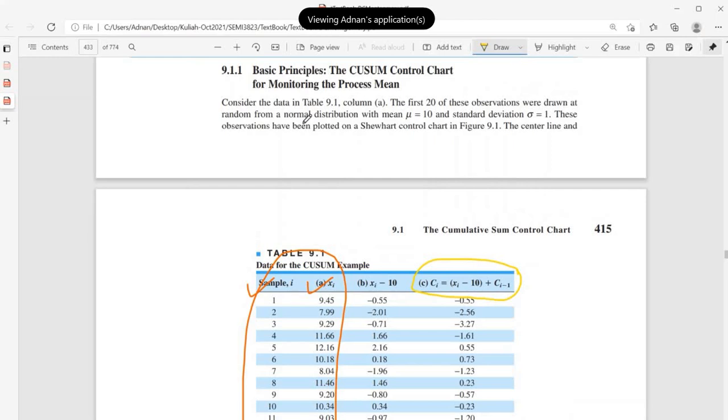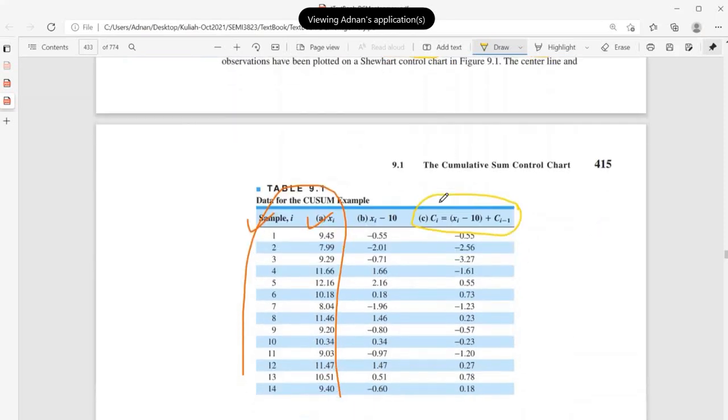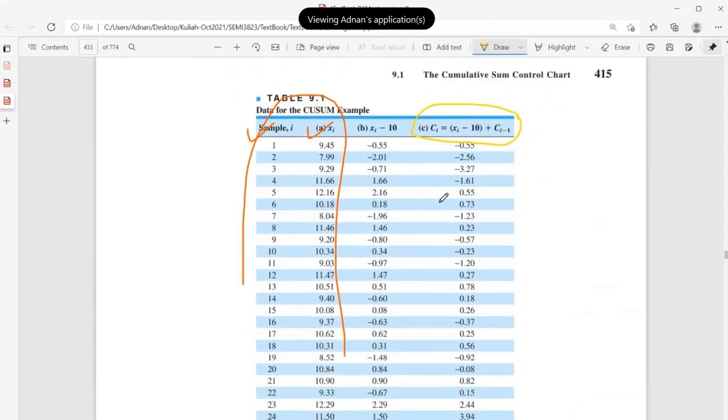The natural distribution has mean mu equal to 10 and standard deviation of 1. How do we get the mean? It's the mean of the process from the stable process. So 9.45 minus 10, you get minus 0.55. Minus 0.55 plus C1.